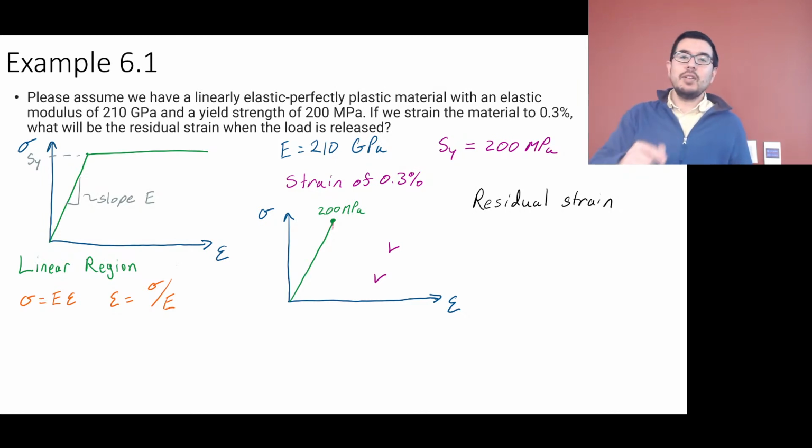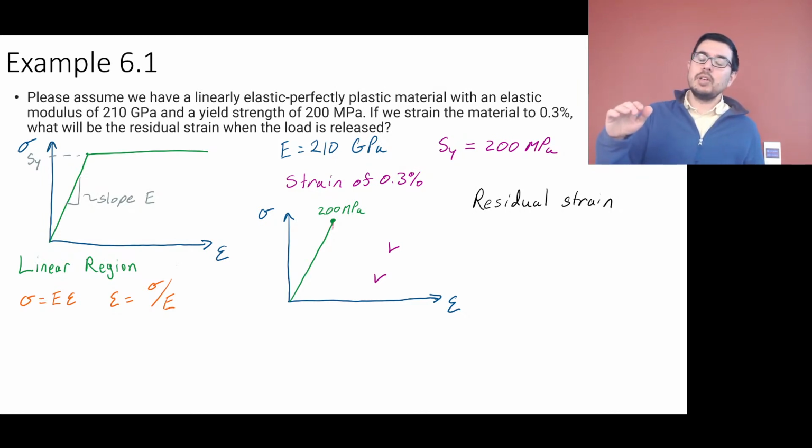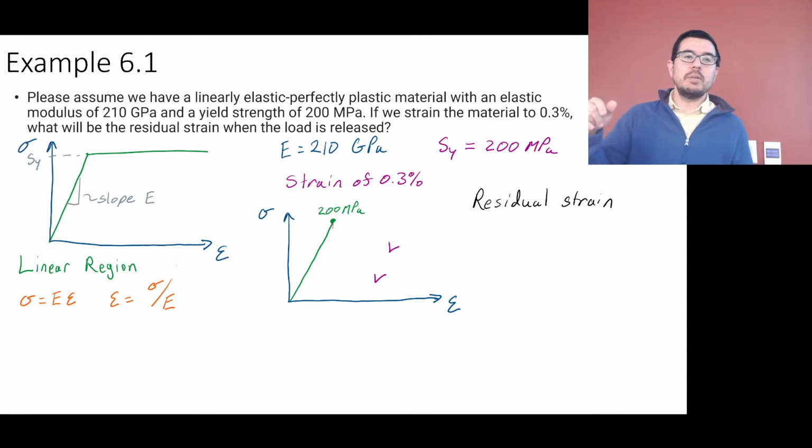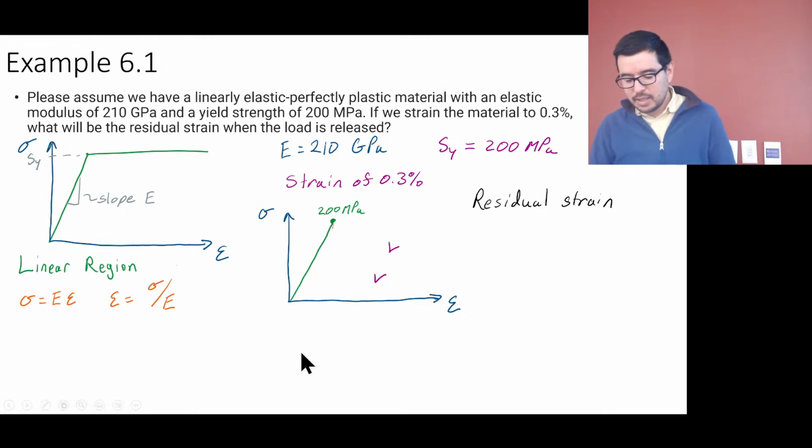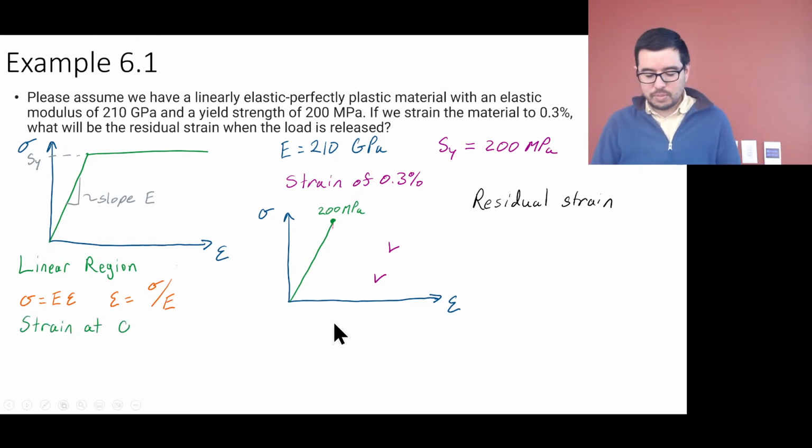That's immediately, okay, it's very unlikely that I'm going to be getting into a plastic regime, right? And that's a nasty problem from the person writing it who just wants me to say that the residual strain is 0, okay? Because I just go up and I come back down. This is not that kind of trick problem.